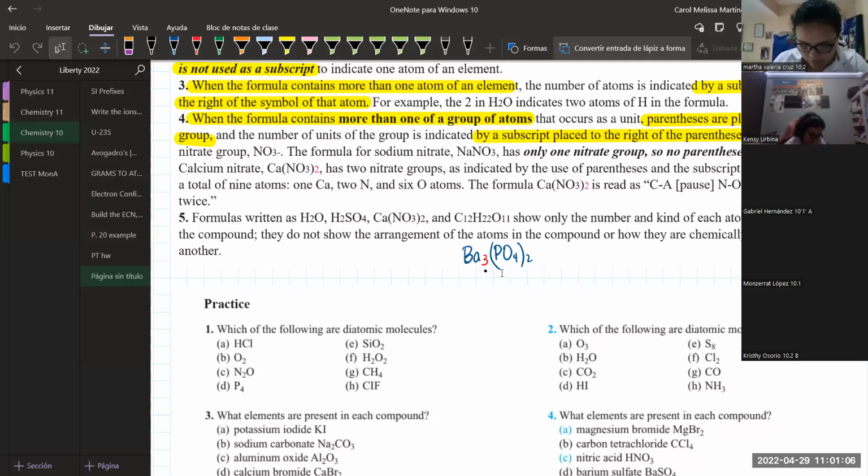In other words, the 3 belongs to barium only, but this 2 is going to affect everything in the parenthesis. This 2 is going to multiply oxygen and also phosphorus, okay? But the 3 has nothing to do with the parenthesis. That's what it means.